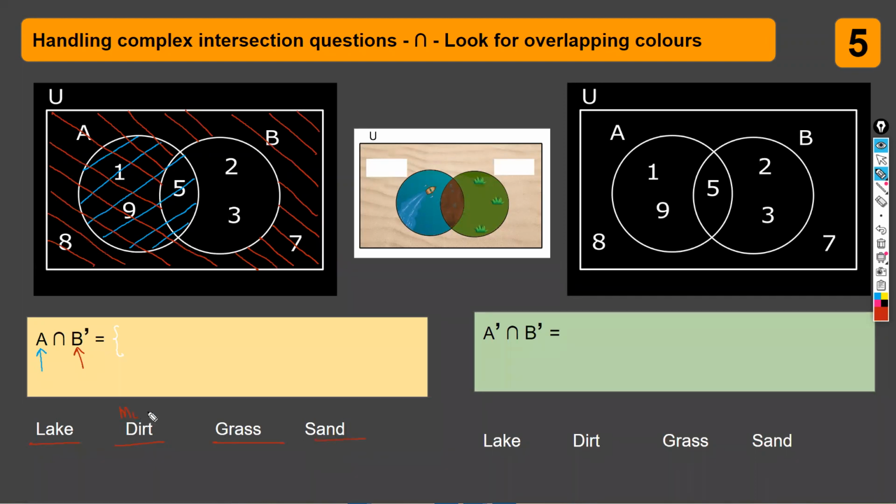Remember, dirt and mud is the same thing. Which region are we looking at? The lake, that's the nice water. The dirt, which is the in-between region. Grass is the good region, and sand is, well, the outskirts. Right, in a case like this, it's the lake. Only the lake itself has both red and blue.